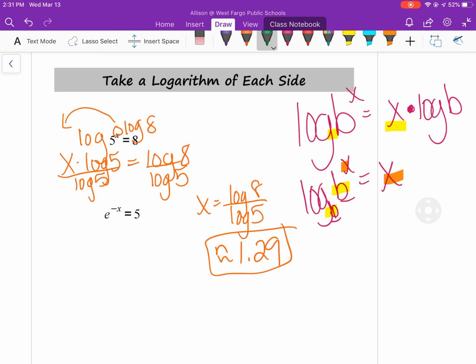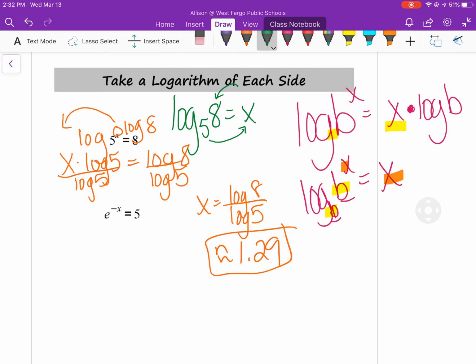You could have also went back to exponential form. Remember, that would have been log base 5 of 8 equals x. You could rewrite 5 to the x equals 8, rewrite it in log form, and then use the change of base formula, which is log of 8 then divided by log of 5. So changing it back to that common log so that you can evaluate it for a number, like 1.29, it's approximation.